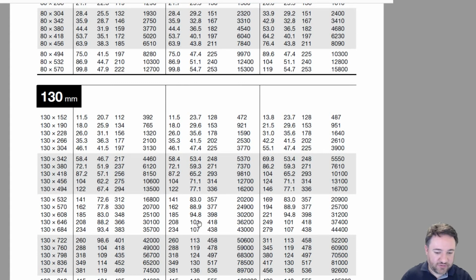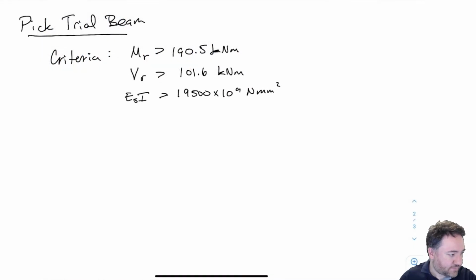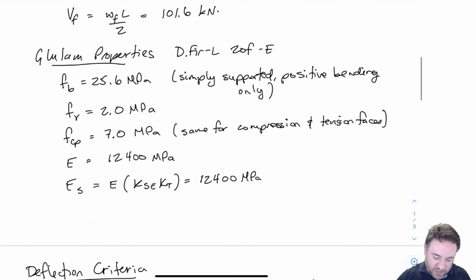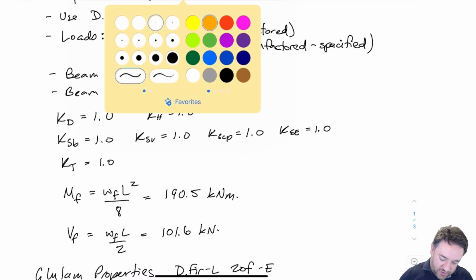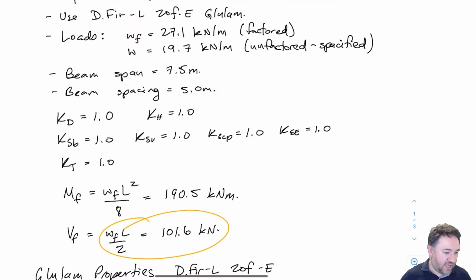So the VR that we have here comes from the VF that we calculated here, this wL/2 value, that's the VF at the support. And remember that for longitudinal shear design, we can look at VF at d away from the support, which is going to reduce that number.